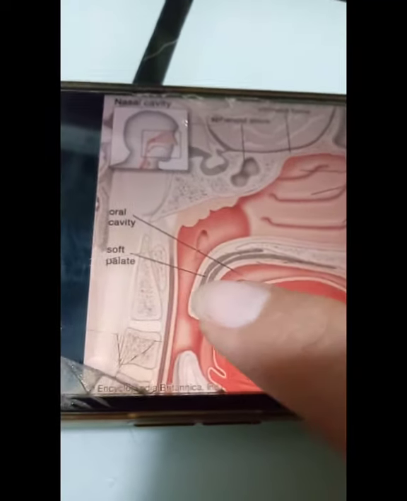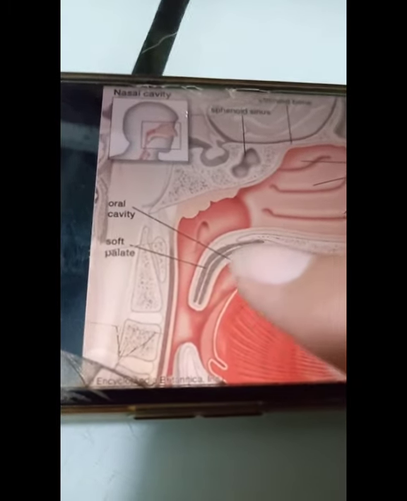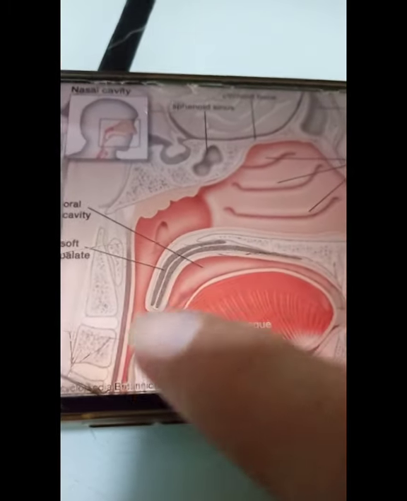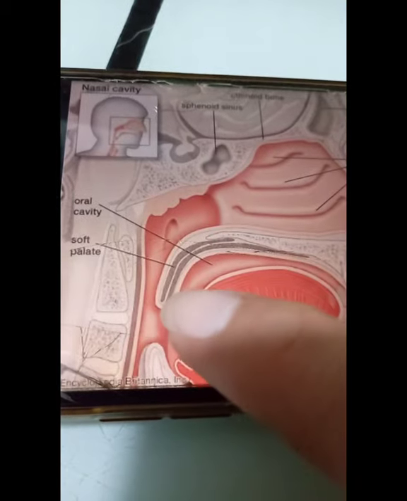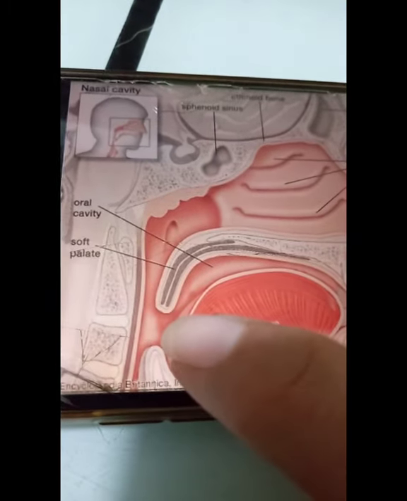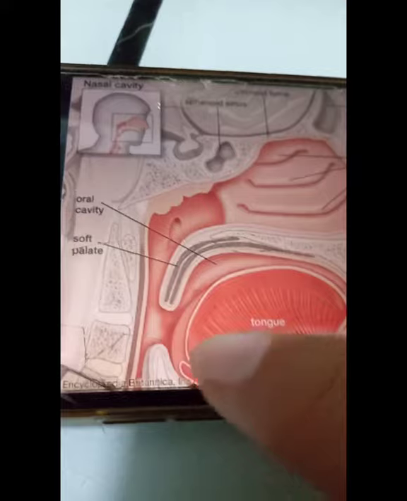Here is the soft palate. Here is the nasopharynx.